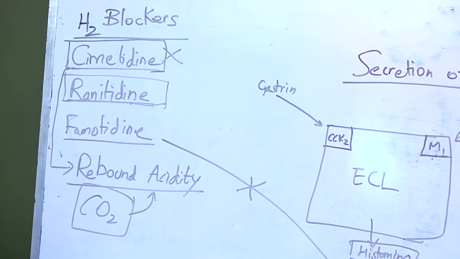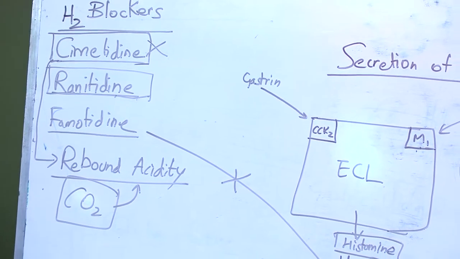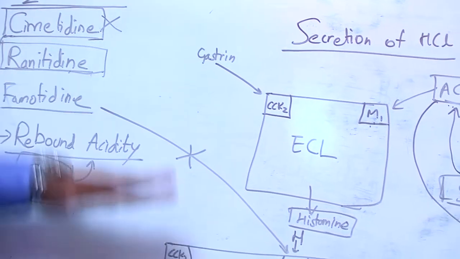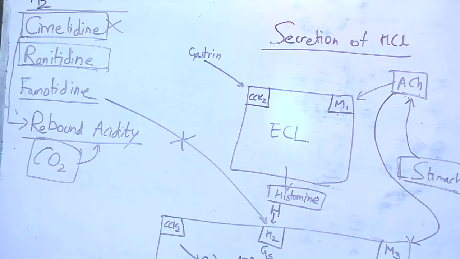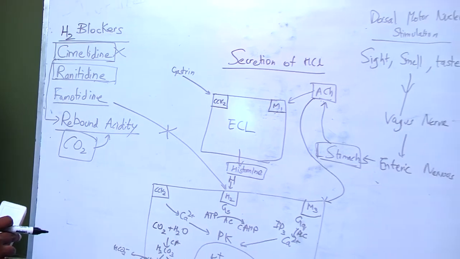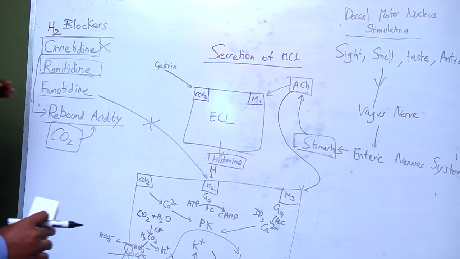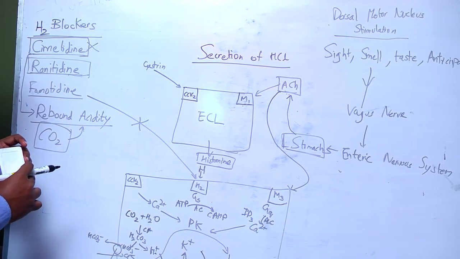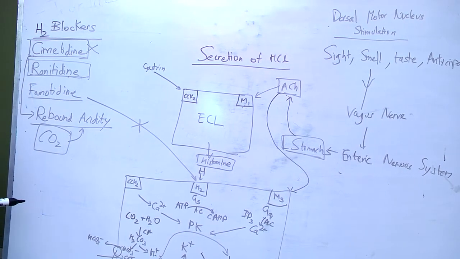So these are the first group of drugs used in the treatment of peptic ulcer. So they will reduce the gastric acid which is secreted. So next, coming to another important group of drugs which were used earlier, and now the use has decreased to a significant extent because of the adverse effects.